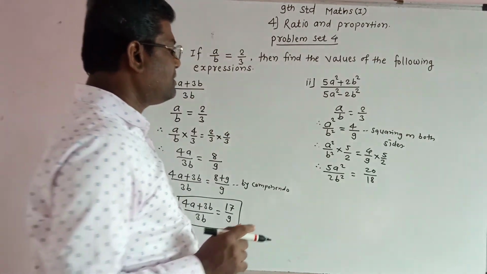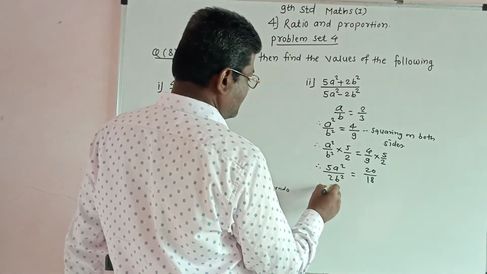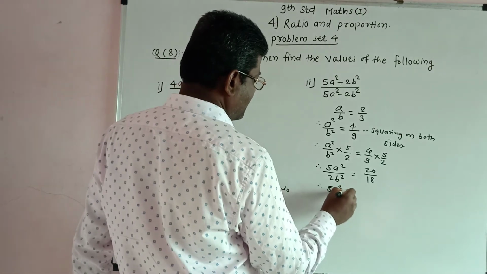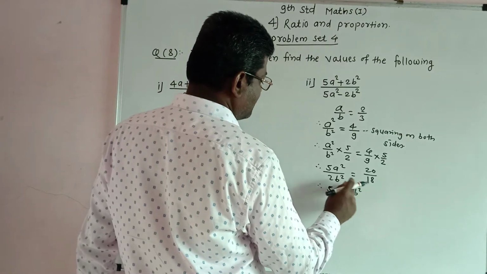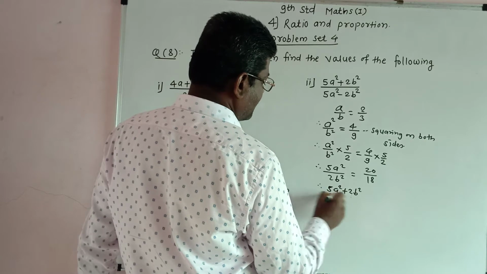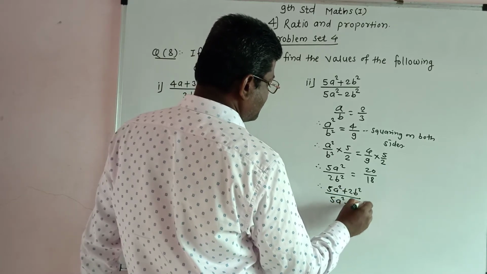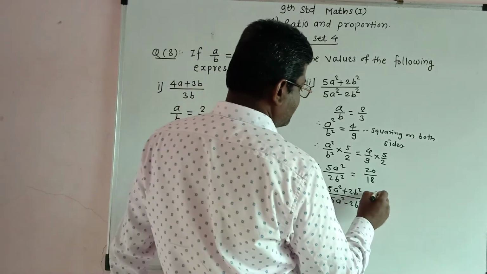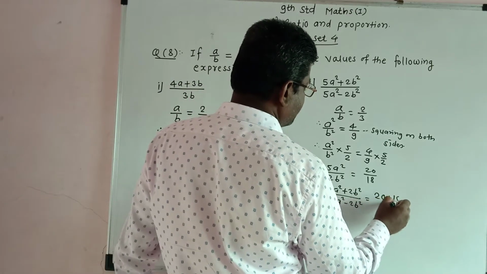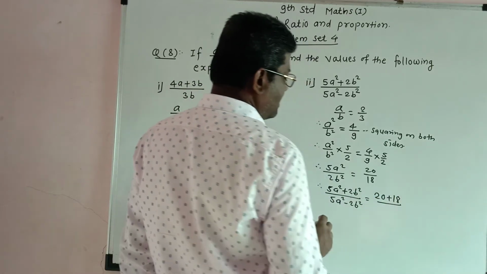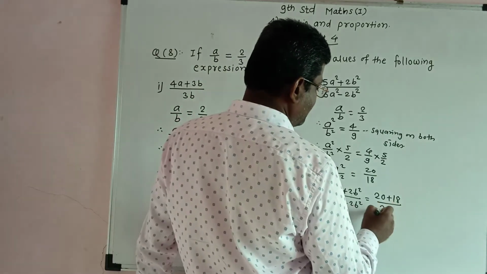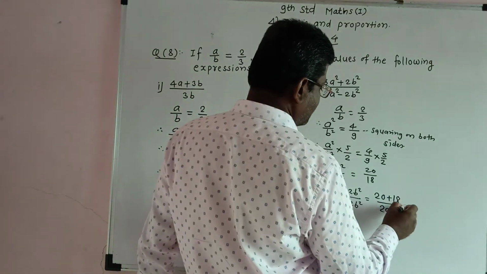So, in the example, 5A square plus 2B square upon 5A square minus 2B square is a componendo dividendo. Therefore, we write 5A square plus 2B square upon 5A square minus 2B square is equal to 20 plus 18 upon 20 minus 18.